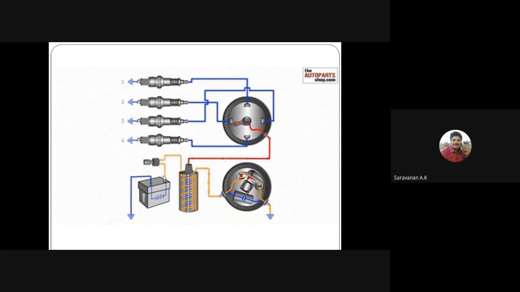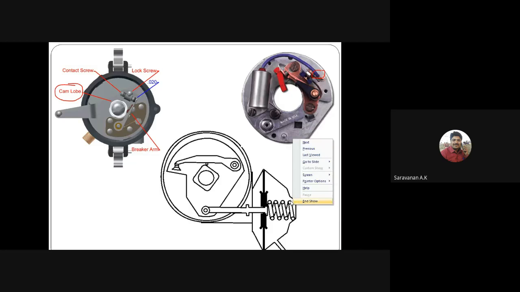Once the current is flowing, one metal plate is connected to the ignition coil and the other end will be connected to the ground.